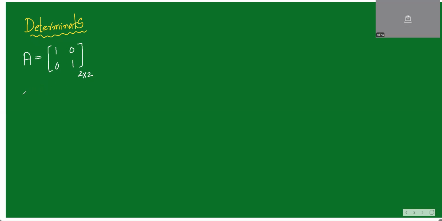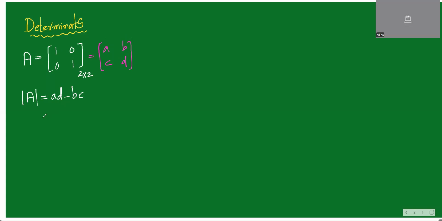Now I'm finding the determinant of this matrix. The determinant of any 2 by 2 matrix is equal to AD minus BC. Just comparing this matrix with A, B, C, and D, plug in the formula.